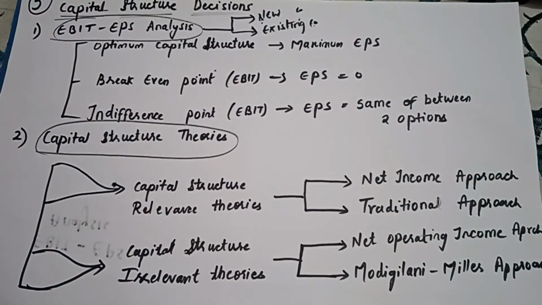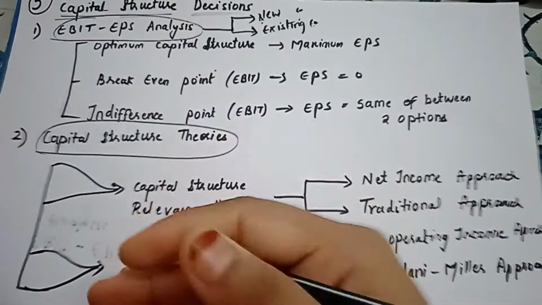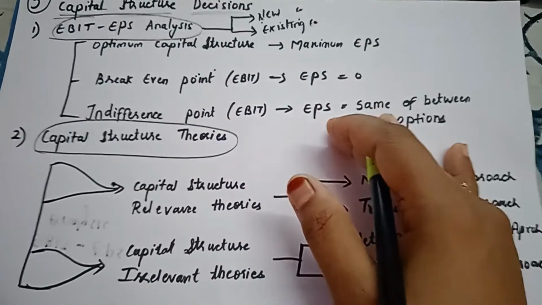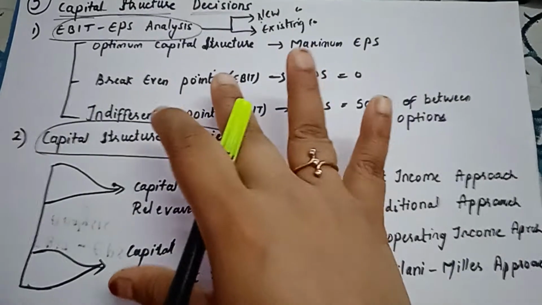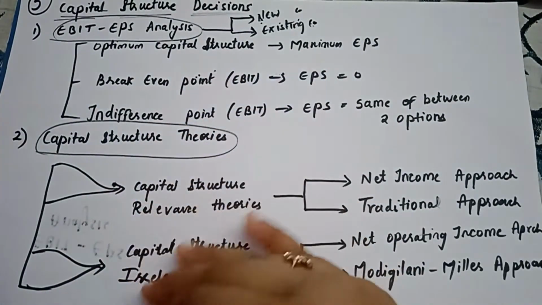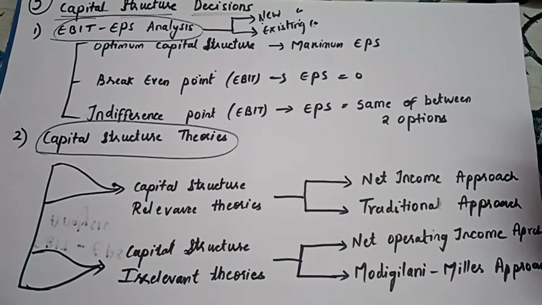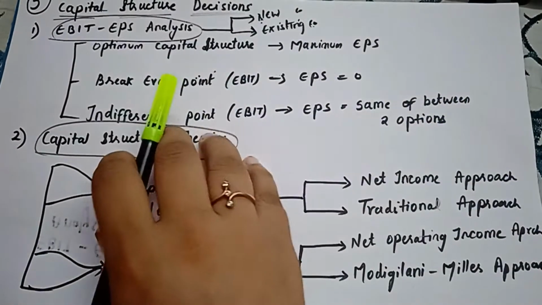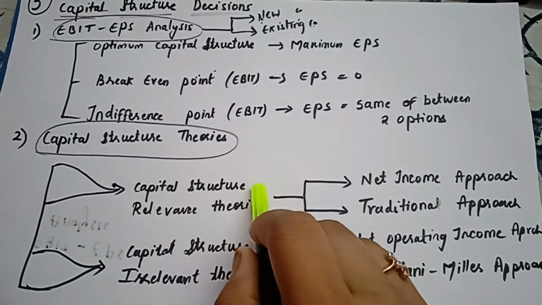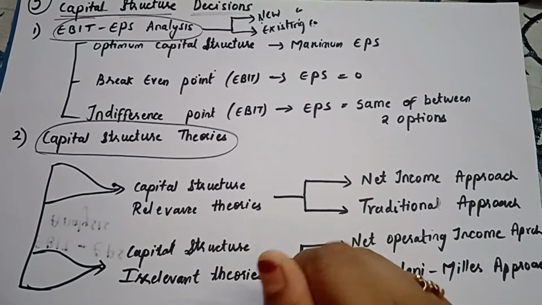Many people have developed their own theories after research and thinking, and these have been reduced down to two groups: capital structure relevance theory and capital structure irrelevance theory.